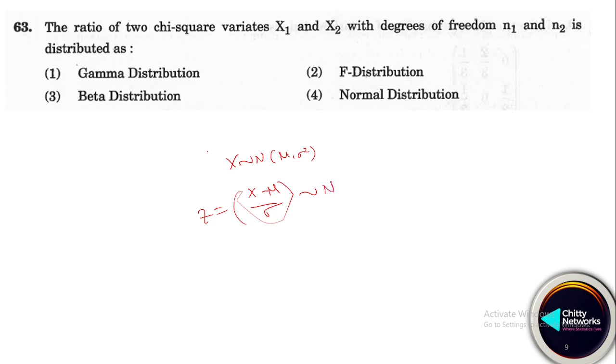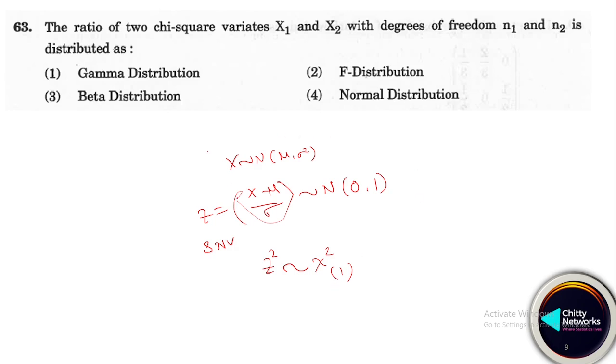This again follows normal distribution with mean 0 and variance 1, so this is called a standard normal variate. If you take the square of a standard normal variate, this follows chi-square distribution with 1 degree of freedom, since you only have one variable. Suppose you have n variables, then this will follow chi-square distribution with n degrees of freedom.